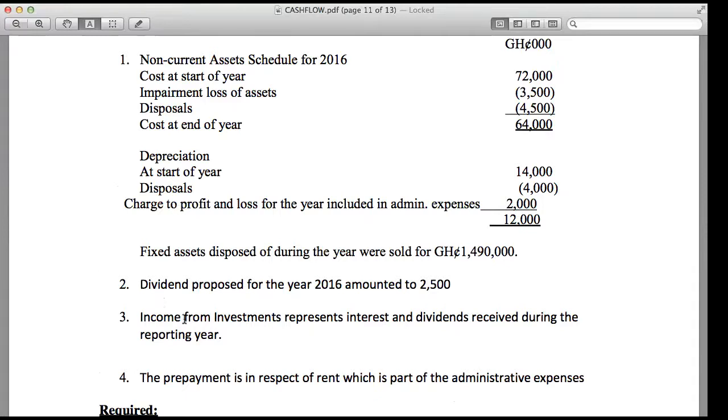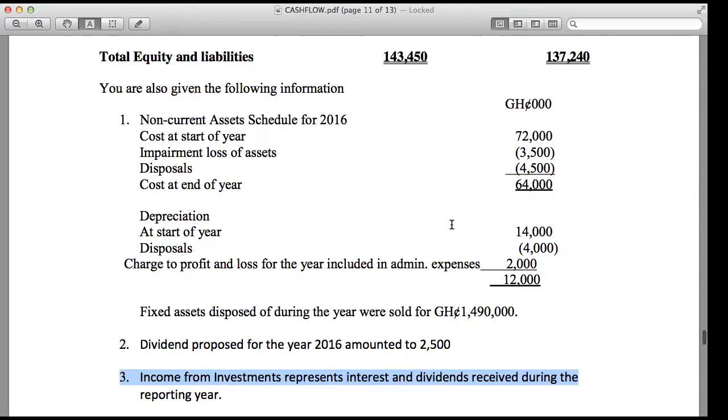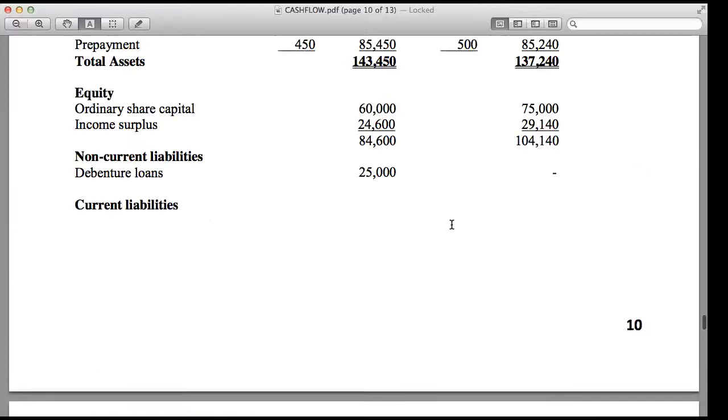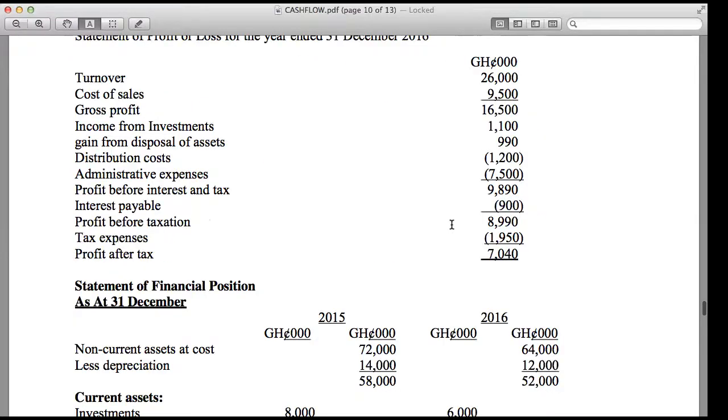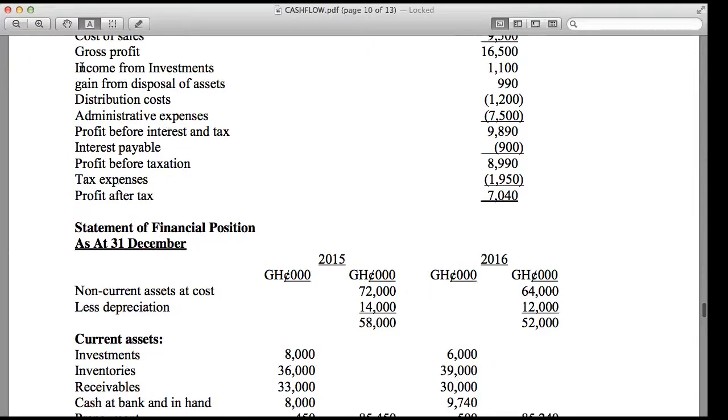So note 3 says that income from investment represents interest and dividend received. The underlying word is what? Received. It has been received. So that's the underlying word. So you have to go and pick it and then bring it here. So let's go to investment income received. The figure is 1,100, right? So that's income from investment. Gain from disposal, we've talked about that one.